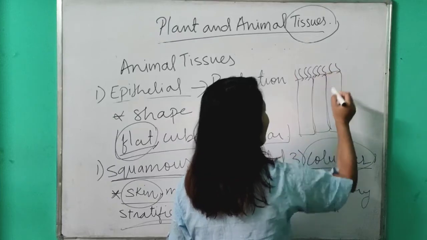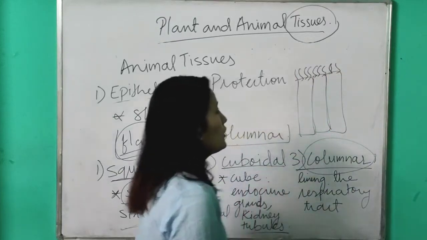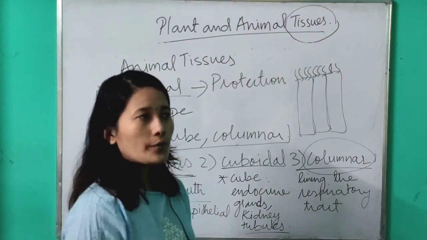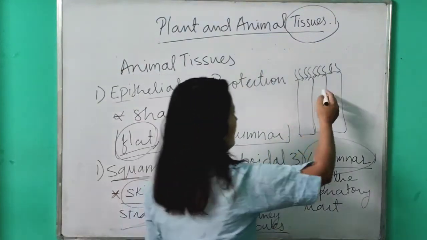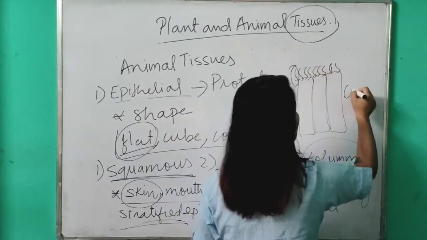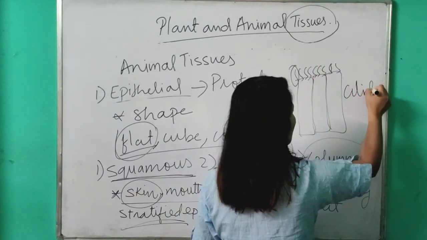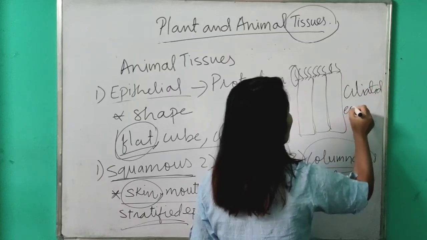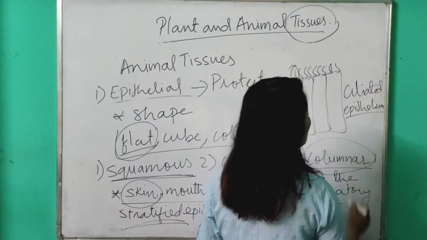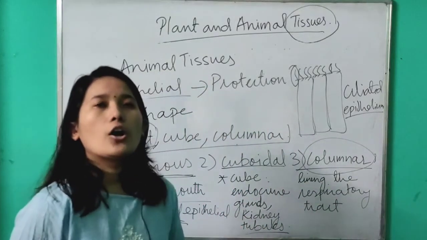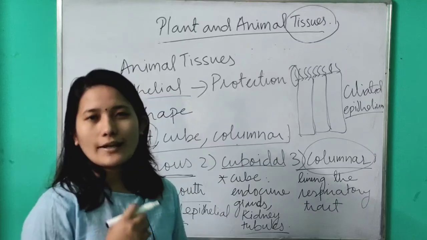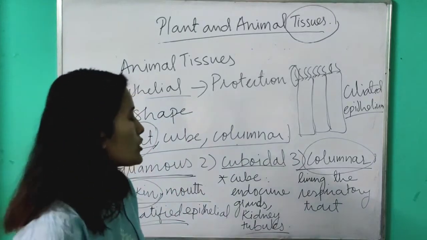Now these cilia are hair-like projections, and the cilia keep on continuously moving. So the columnar epithelium with cilia is referred to as ciliated epithelium. Now this helps in removing the dust particles or any kind of germs that's trying to enter our respiratory tract.